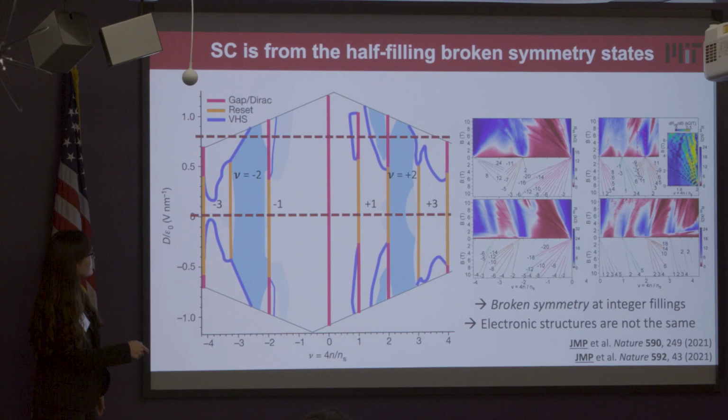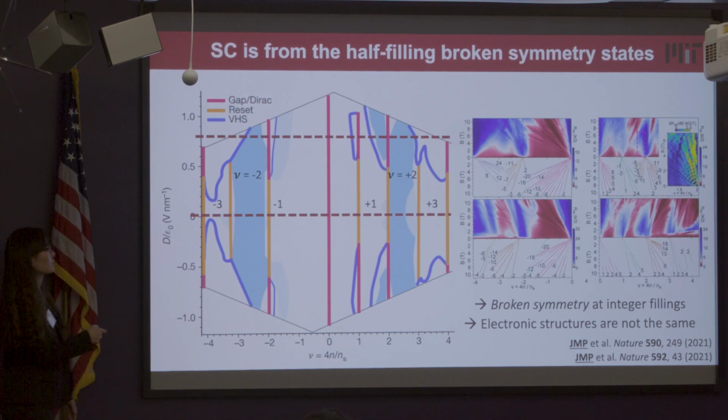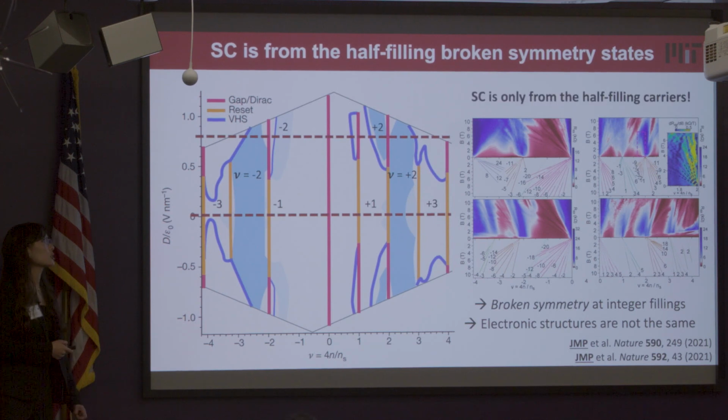And as soon as this inward fan becomes available, you have the superconducting regions appearing. And again, this is not a coincidence. At certain line cuts, we can see the exact continuous behavior of the Landau fans starting to appear from this region, and that's exactly where you start seeing the extra domes of superconductivity in different regions. So we can say that the superconductivity is probably very intimately related to the same symmetry broken carriers from the half filling.